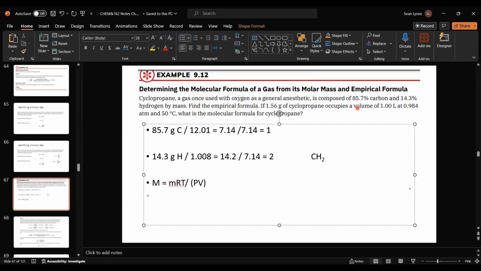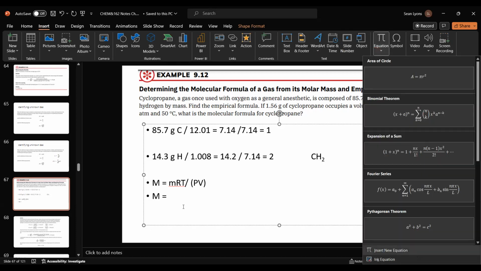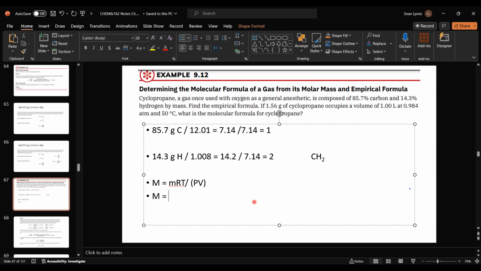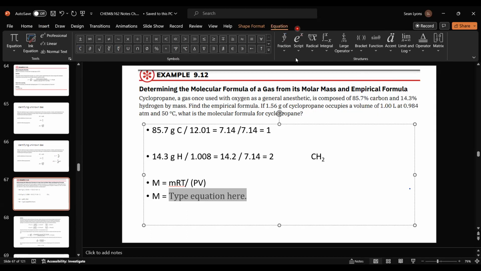All right, so now we've got molar mass is equal to the mass, 1.56 grams times 0.08206.